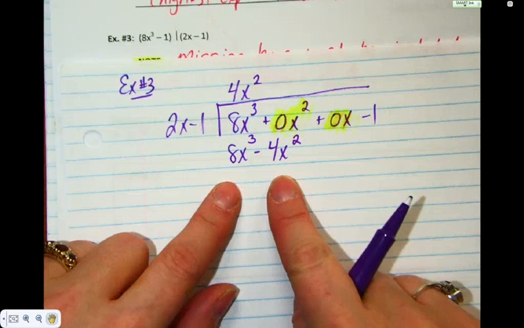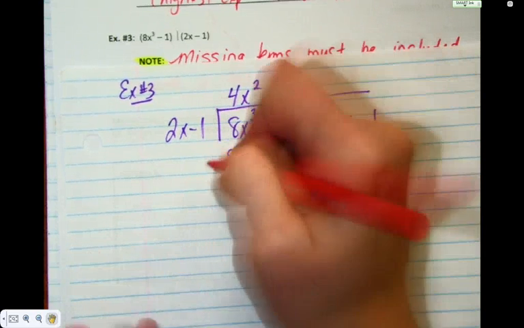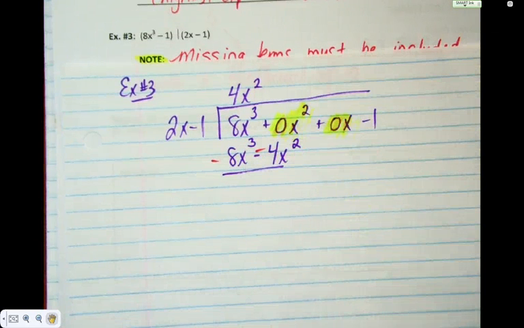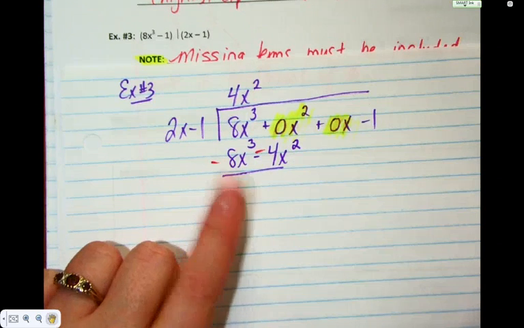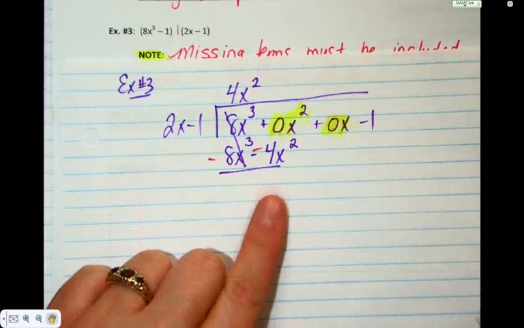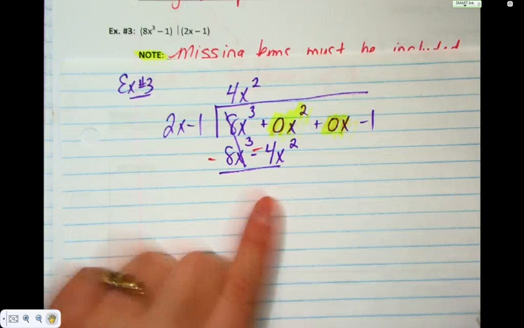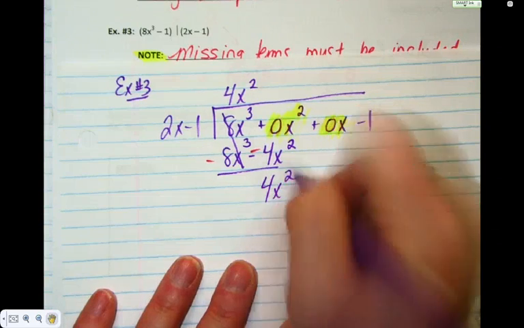Confirm 8x cubed minus 4x squared. Again, don't let your brain trick you here because it's going to want to screw up that 4 because it's already negative. So 8x cubed minus 8x cubed. Yay, cancel. Be careful here because it's really easy to put negative 4x squared down, but what's negative 4x squared? Positive 4x squared.